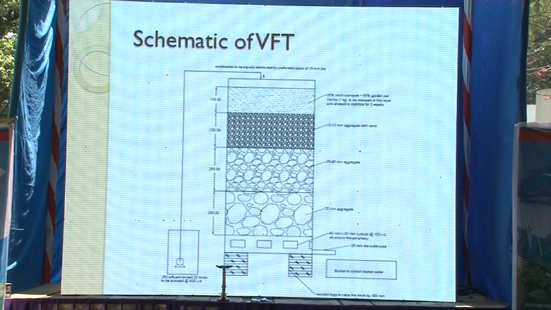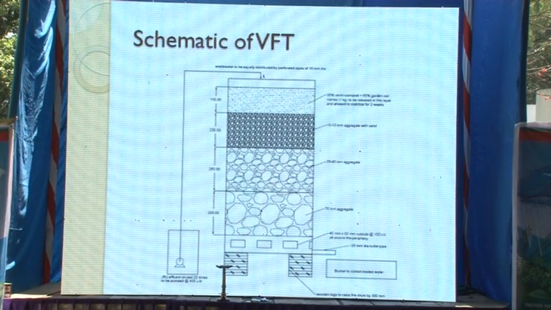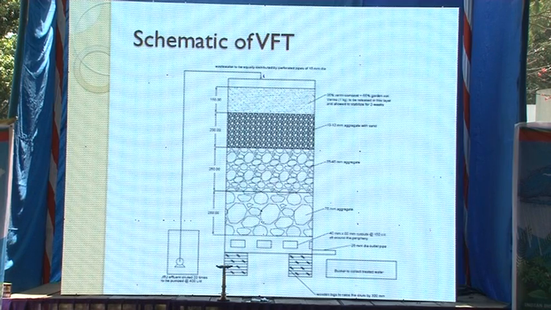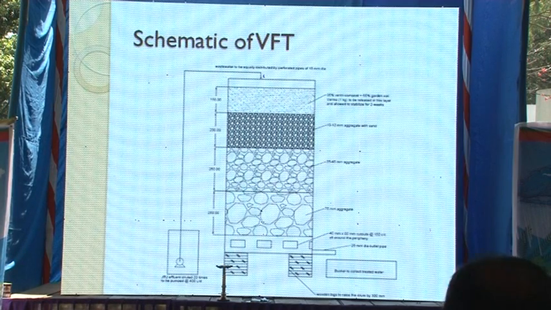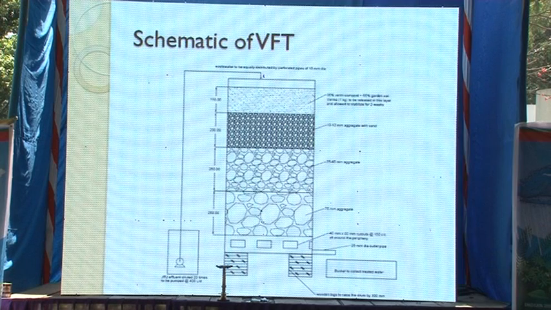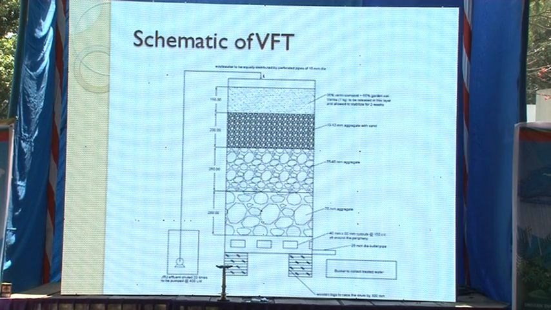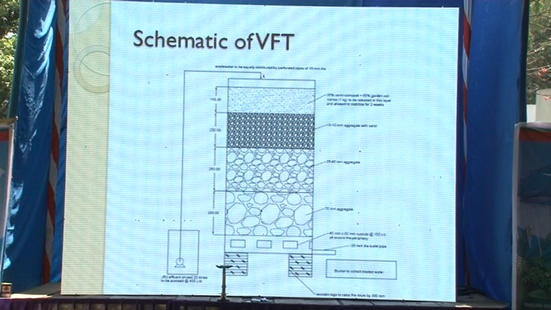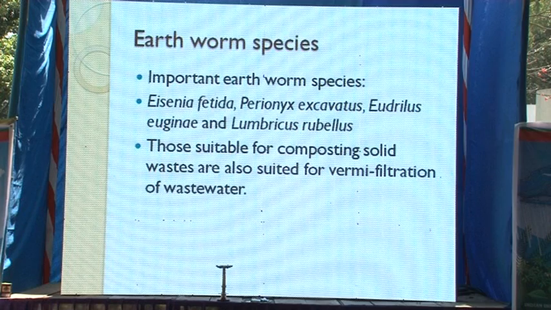Pardon me if this is not very clear, but what I mean to show is that it's a layer of different materials filled in, and the top layer is the key, where a lot of earthworms are present and their habitat is created. Over this top bed, we spray wastewater.